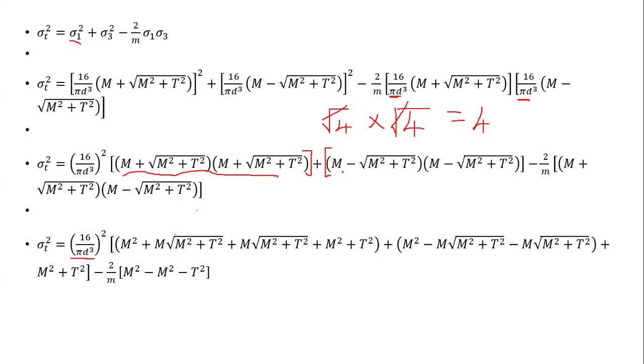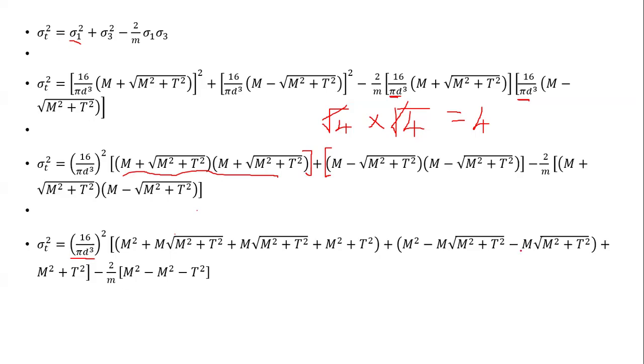Then when we come to this one, we're doing the same thing. M multiplied by m, that's m squared. M multiplied by negative square root of m squared plus t squared will still carry a negative, then m square root of m squared plus t squared. The next thing I do is bring this one, negative under the root of m squared plus t squared multiplied by m.